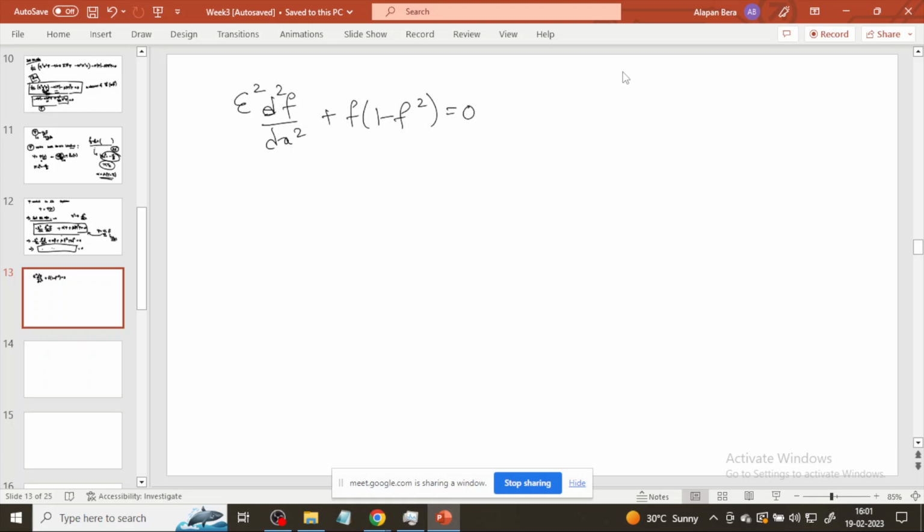Here we have considered that this psi square, this is the epsilon, and this is called the coherence length. If we put the expression of the coherence length, you can verify this, 4 pi by... If you consider this expression of epsilon, we can get this equation from this equation.